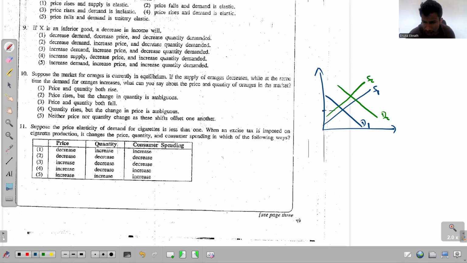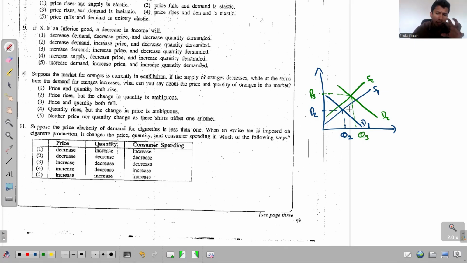Based on the previous two curves, you recognize this to be the equilibrium price and this to be the equilibrium quantity. And based on the new set of curves, you recognize this to be the equilibrium price, and here you have the equilibrium quantity.